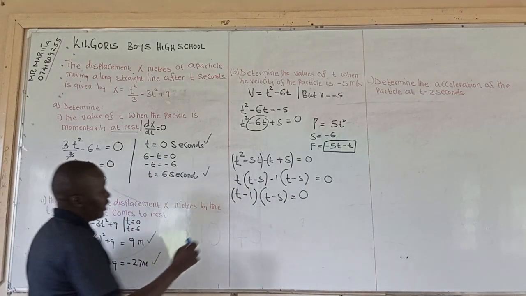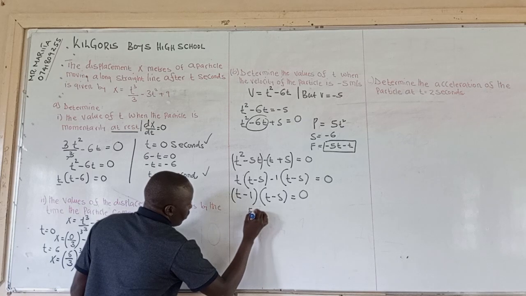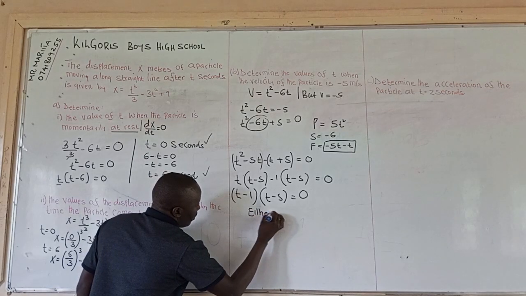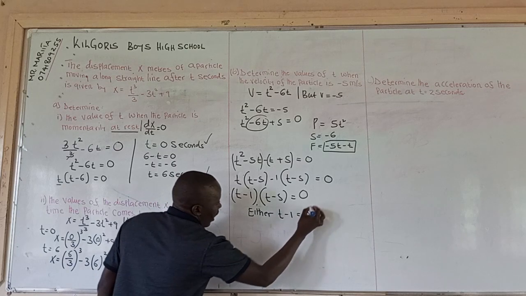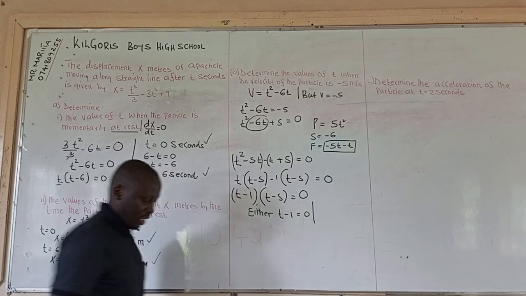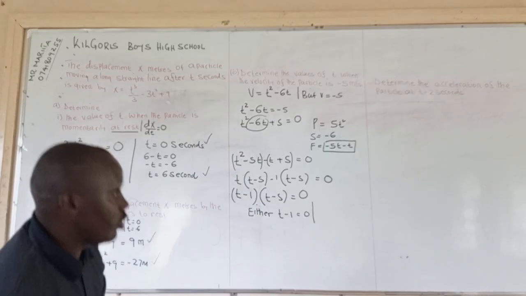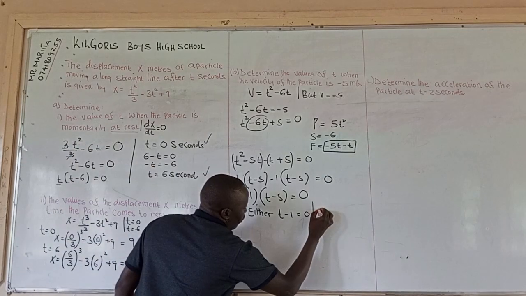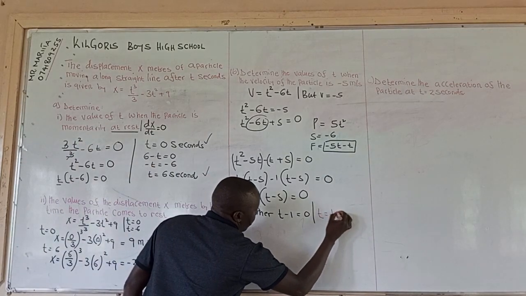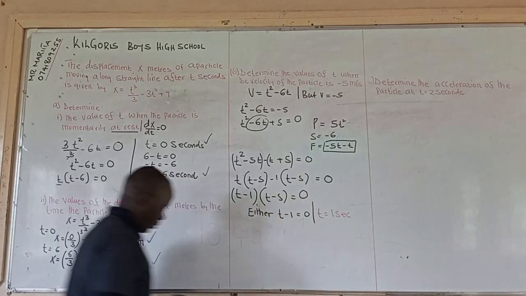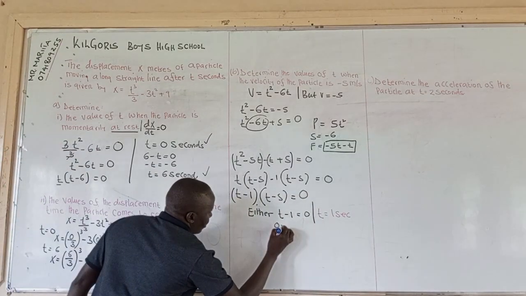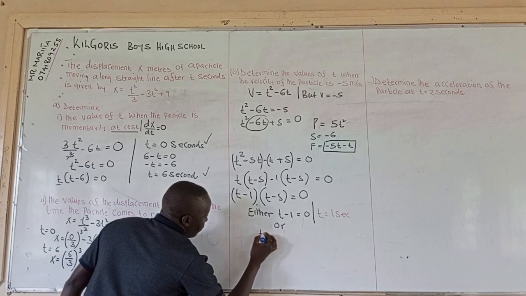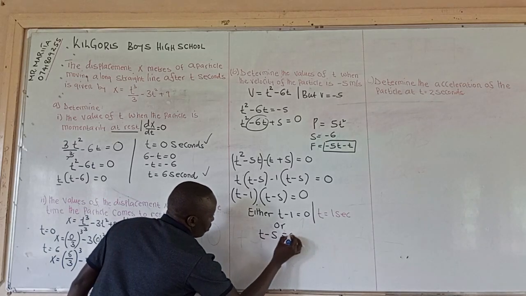So from here we can say that either t minus 1 is equal to 0, and from here we can conclude that the value of t is equivalent to 1 second. Or we can also say that t minus 5 is equal to 0.